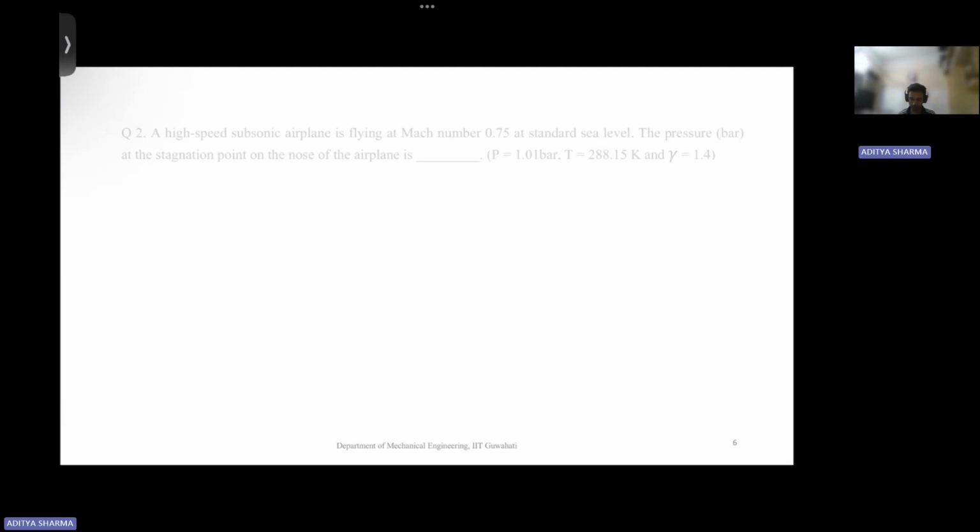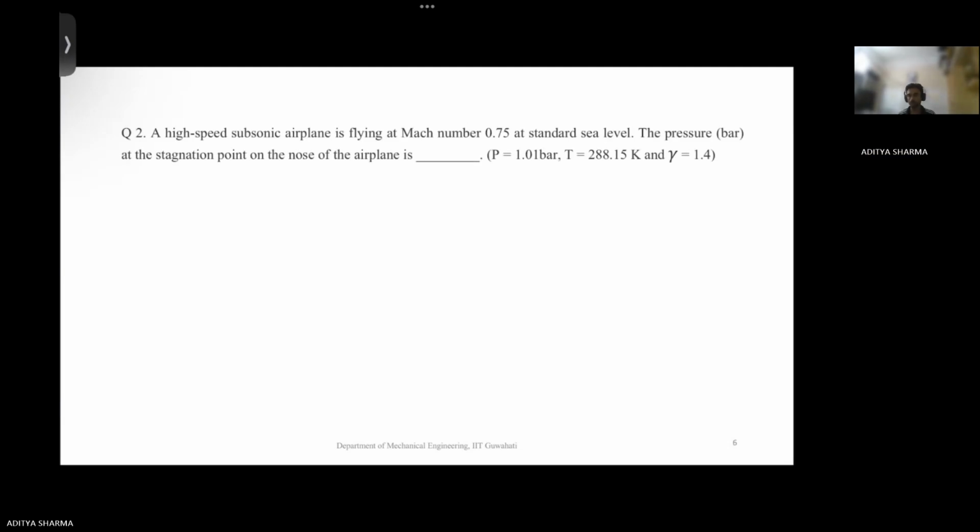Then we have next question. Please read this question. Then we can try to solve it.